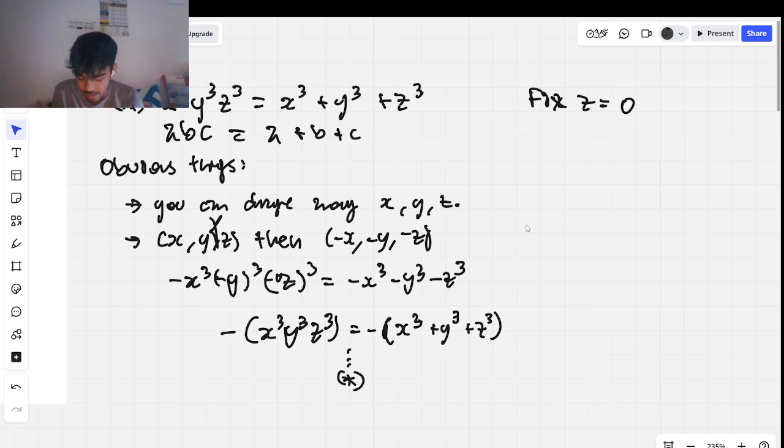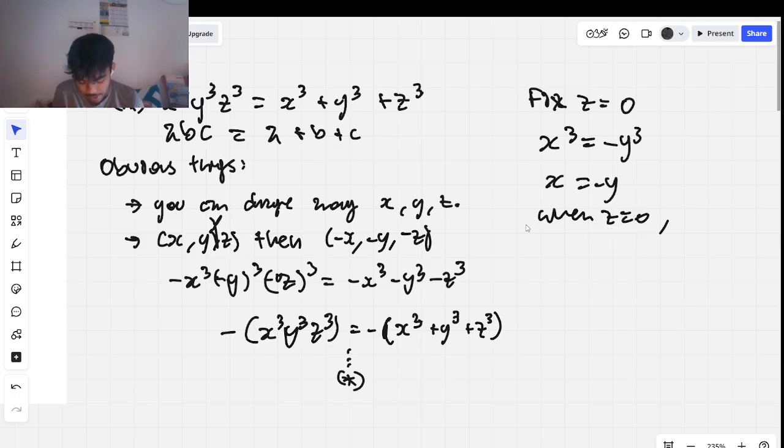And if z is 0, that means that x cubed is equal to minus y cubed, which means that x is equal to minus y when z equals 0.